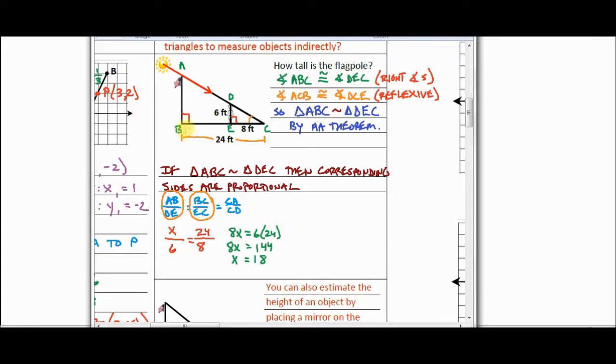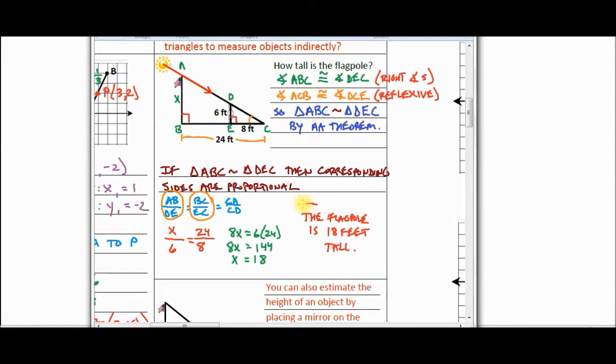So we just found our missing side here, which was x before, is now 18 feet. So using similar triangles, we just found out the flagpole is 18 feet tall.